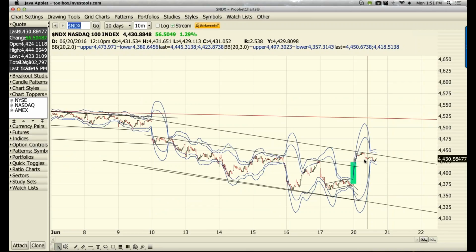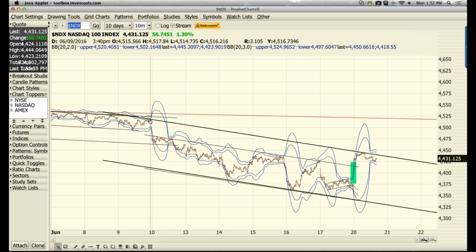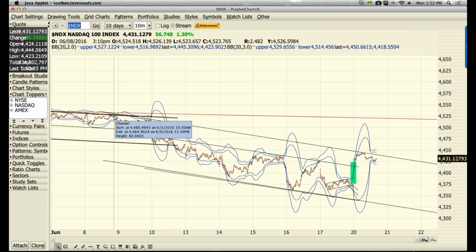Once that formed, what I did was I took a look at whether or not that natural level of resistance ties to any previous natural levels of resistance, and it did. It tied back to this whole period back here in early June. It was on the 9th of June, and back to the 8th of June.